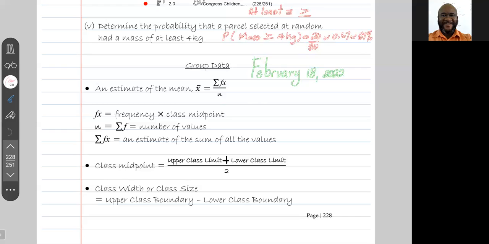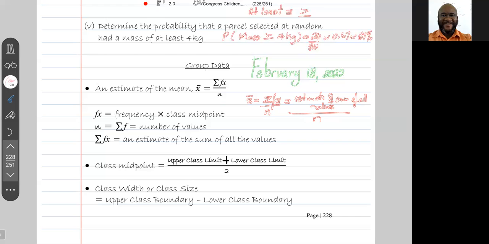So if the mean x bar is equal to the sum of fx over n, it means that the sum of fx must be an estimate of the sum of all values, divided by n, which is the number of values. That is how you calculate mean or average.